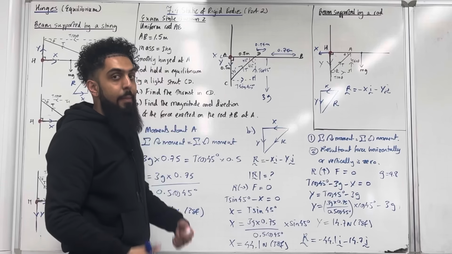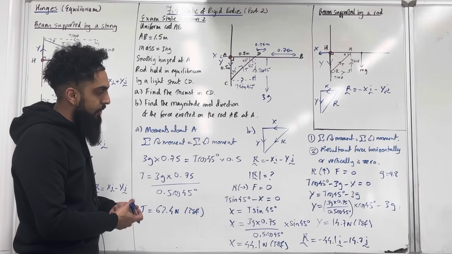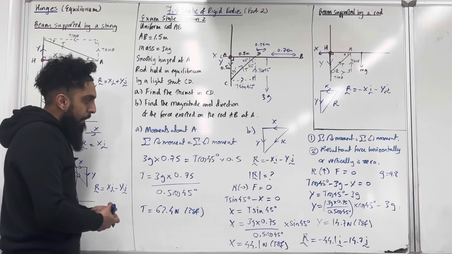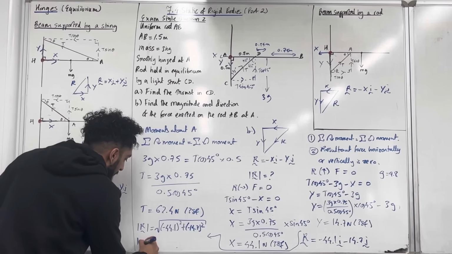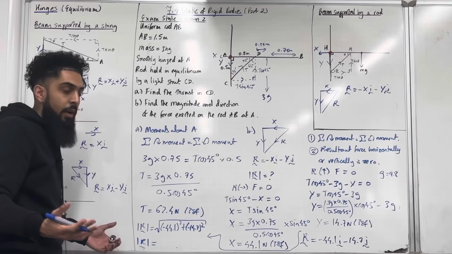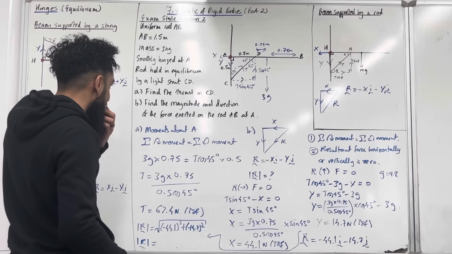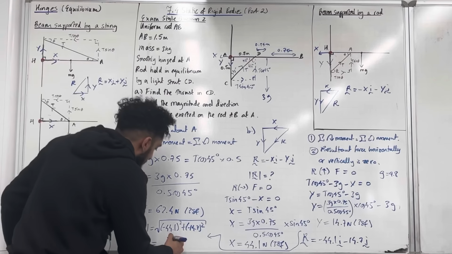Now we can work out the magnitude of this resultant reaction. That would just be the square root of minus 44.1 squared plus minus 14.7 squared. And if we put this into our calculator, rounding off to three significant figures, this gives us 46.5 newtons.